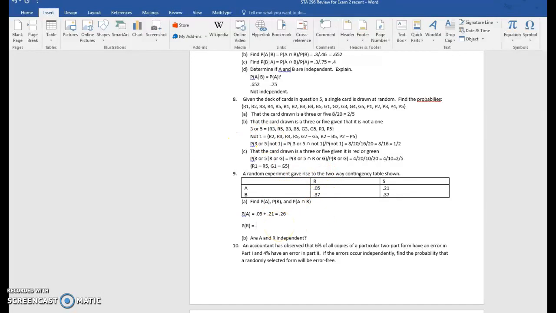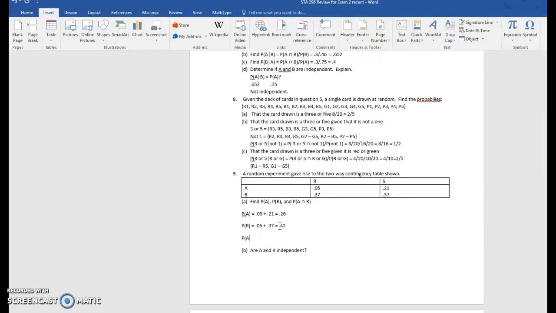So that's 0.05 plus 0.37, which gives us 0.42. And then the probability of A intersect R, we want where A and R come together. So here's our A row, here's our R column. Let's notice they have in common the 0.05.